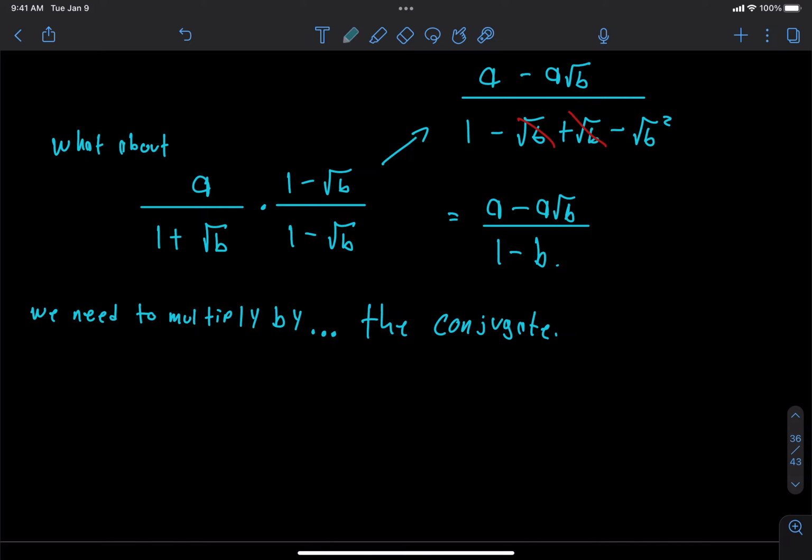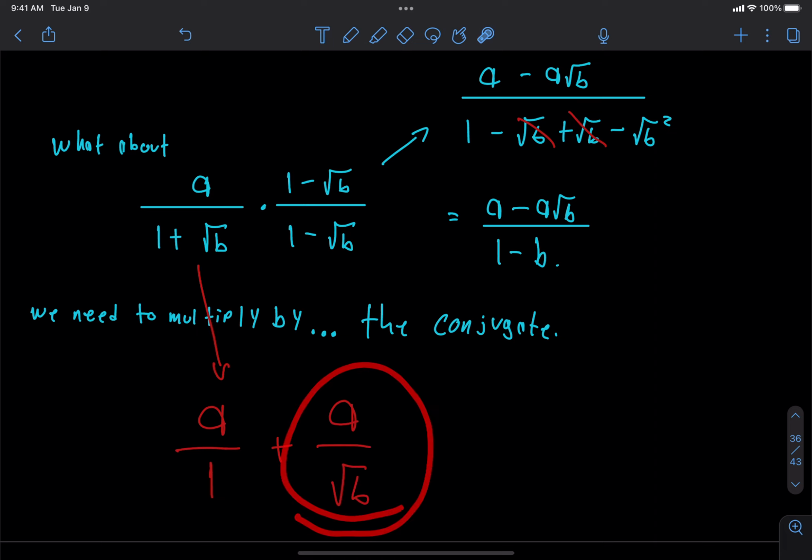Okay, let me ask a quick question. Why can I not just do the following? Why can't I just rewrite this fraction as a divided by 1 plus a divided by the square root of b, and then just rationalize this one? Why can't I do that?